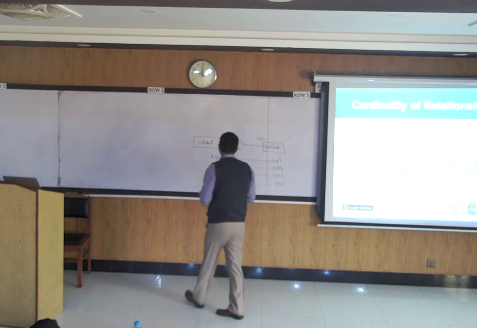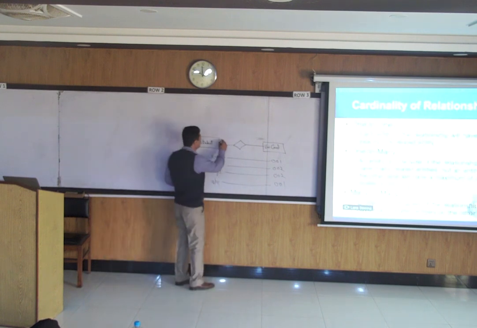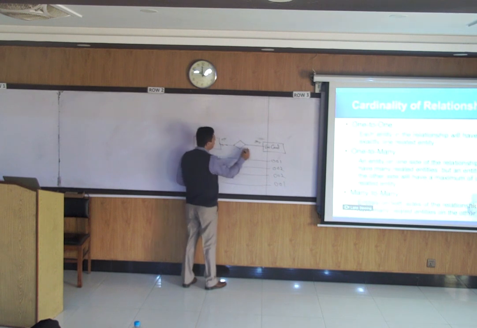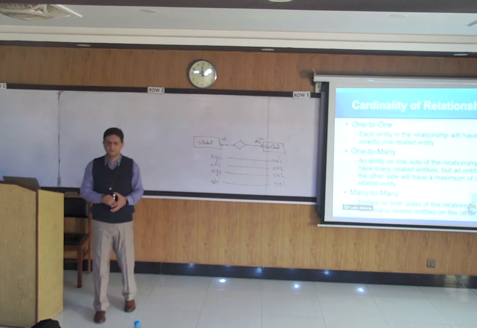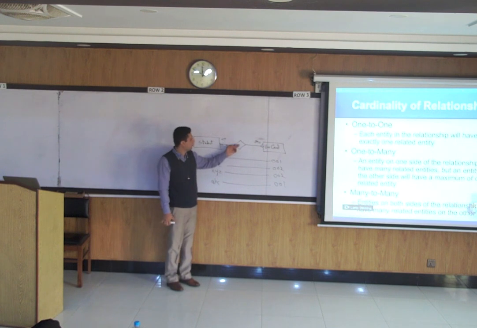The same notations are used to represent a many to many relationship. For example, we can use M and M signs, or we can use crow's feet on both sides of this relationship, which would show that the maximum cardinality of this particular relationship is many to many.